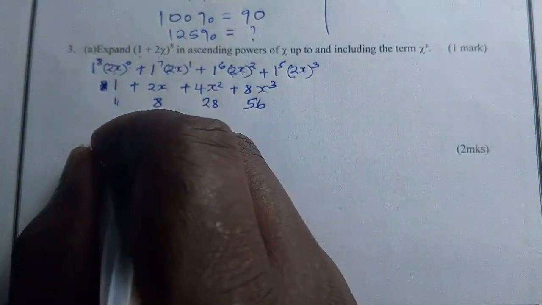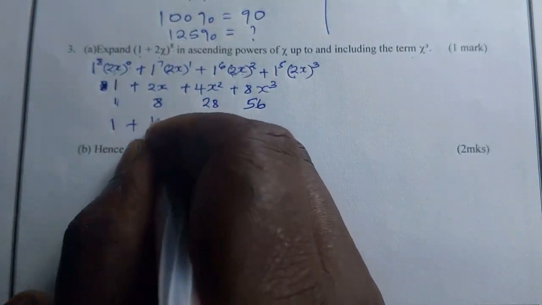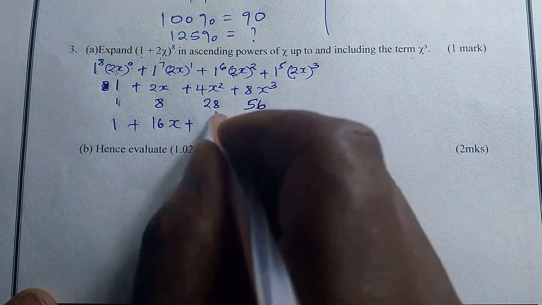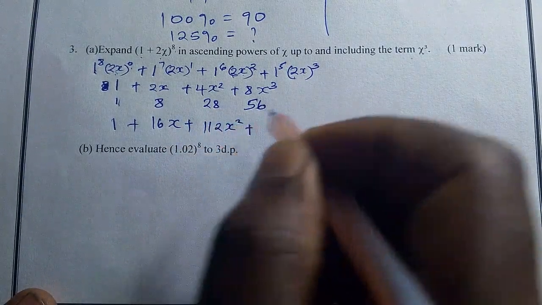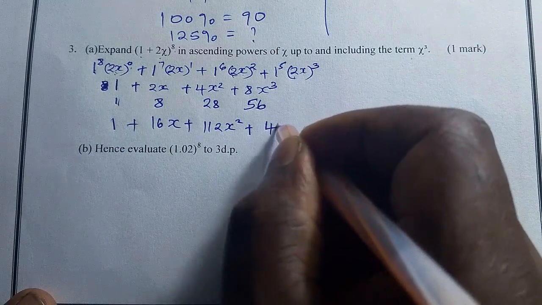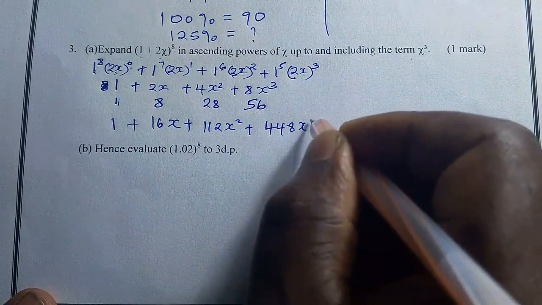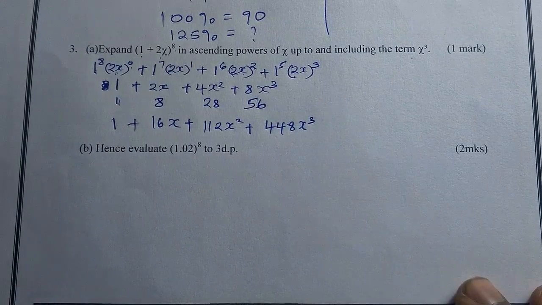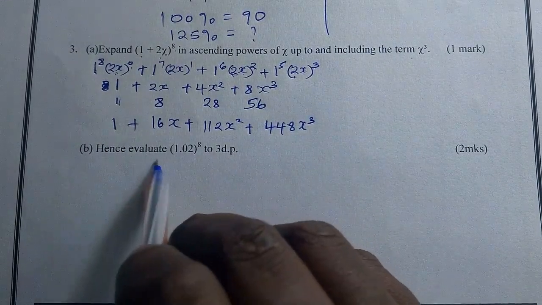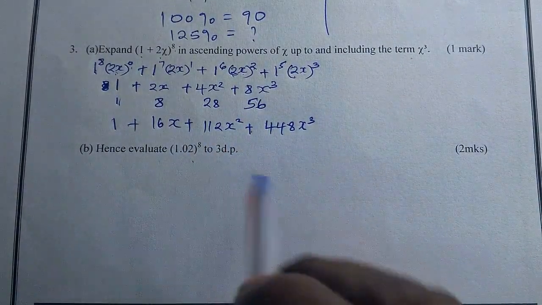So this is 1 plus 16x plus 112x squared plus 448x cubed. So that is our expansion. Now let's use this expansion to evaluate this.